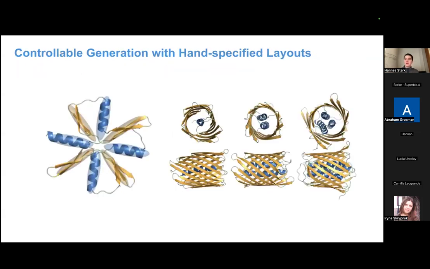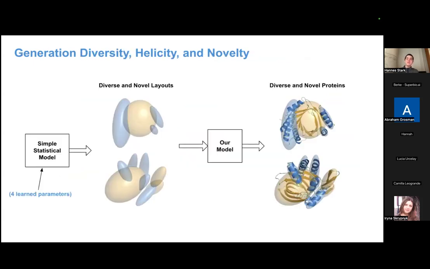If you have some specification like this, you can generate new proteins conditioned on it, and by hand specify what your desired layout is and generate a protein according to it. But maybe you saw at the beginning when Berke reviewed this protein generated with RF diffusion, and you literally just got a single helix out of it.